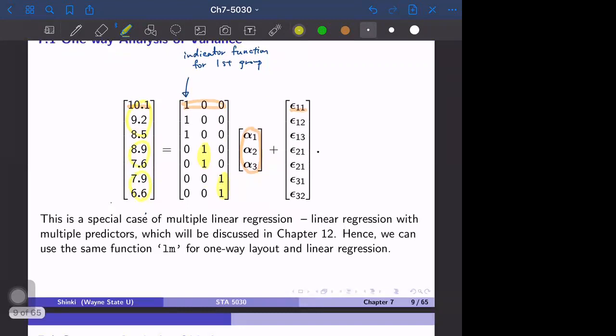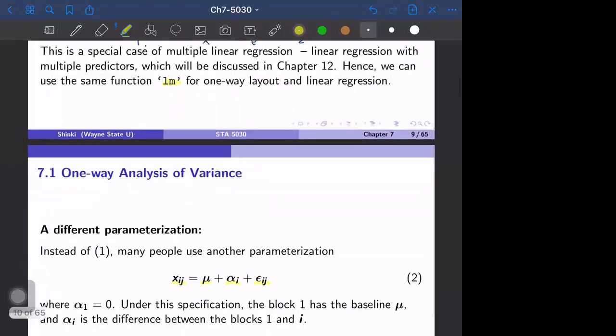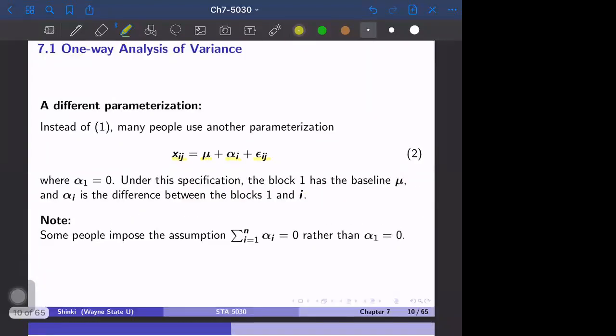So this looks similar to linear regression if we think this is y, this is x, this is beta, and this is epsilon. So actually, the estimation of alpha 1, alpha 2, alpha 3 is done by the same lm function. So the one-way layout is a kind of different version of linear regression, with a different parameterization.